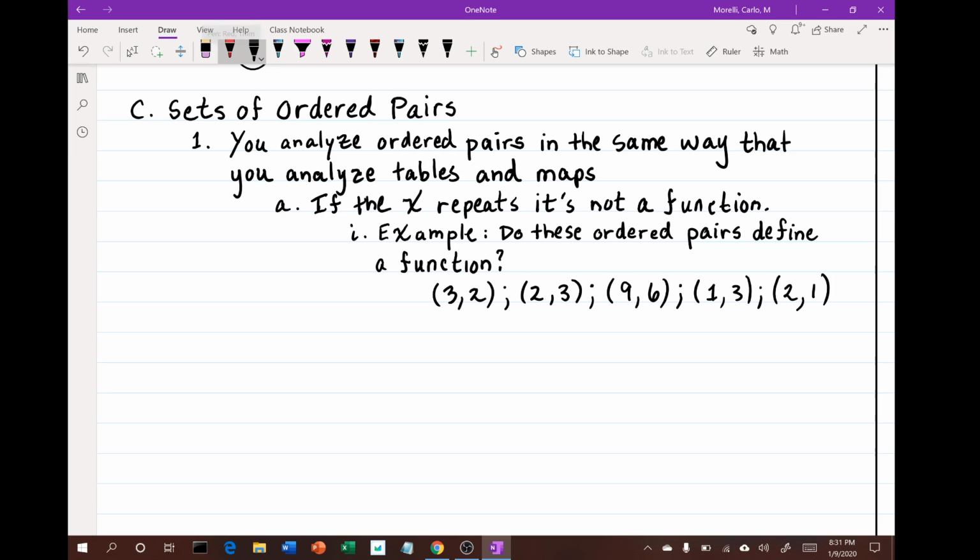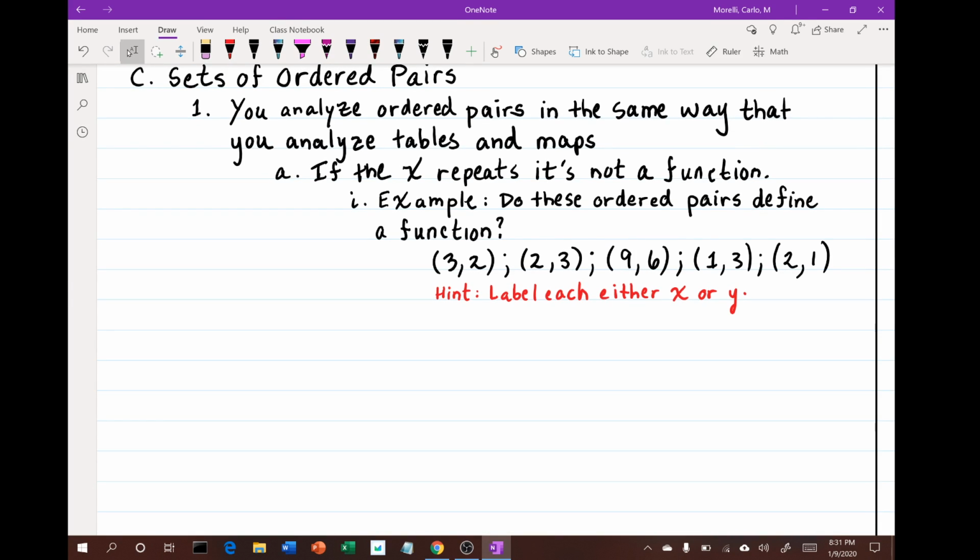A hint would be label each either X or Y.